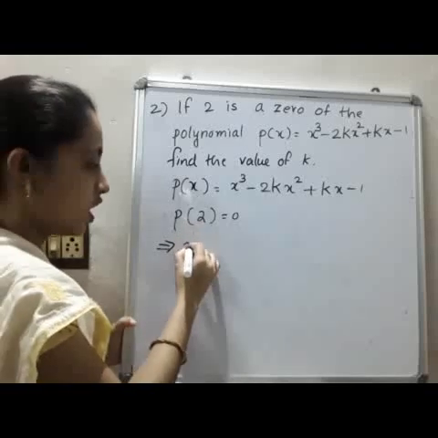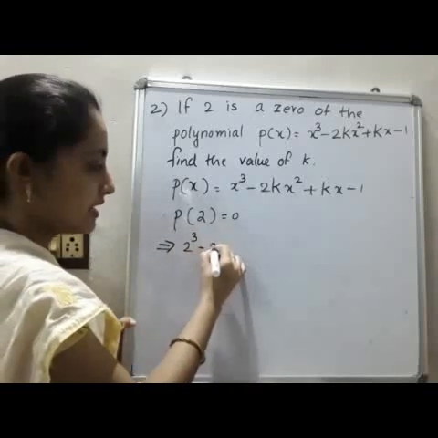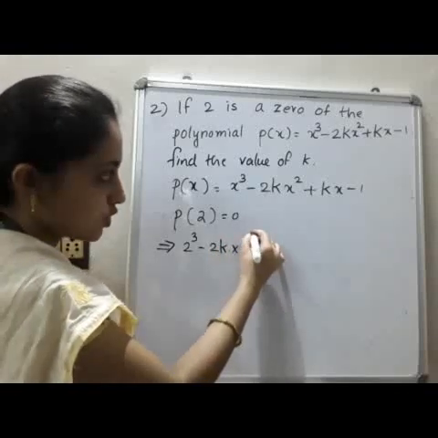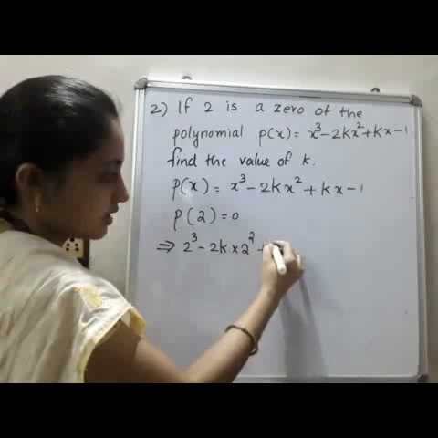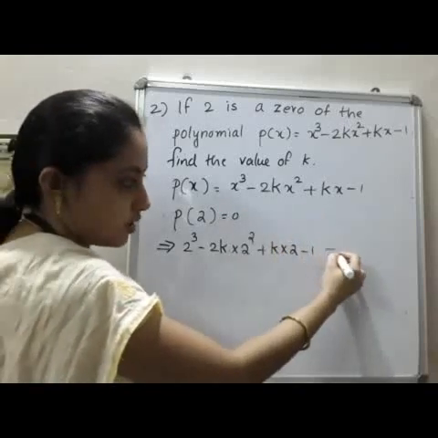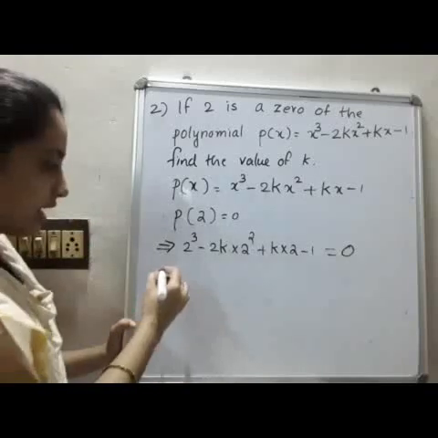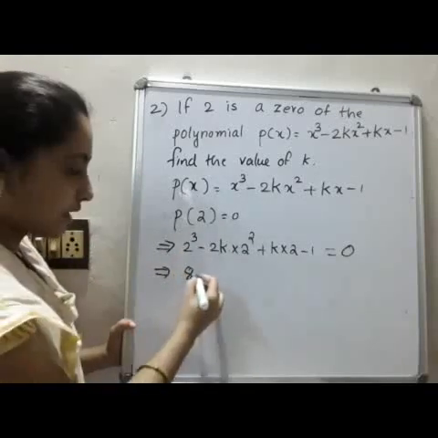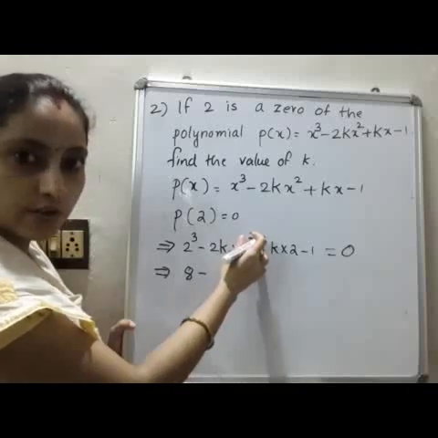So we can write 2 cube minus 2k into 2 square plus k into 2 minus 1 will be equal to 0. So 2 cube is 8, then minus 2k into 2 raised to 2 is 4.